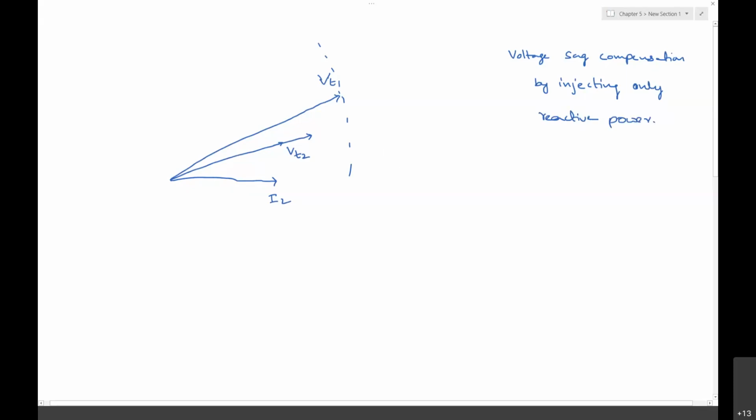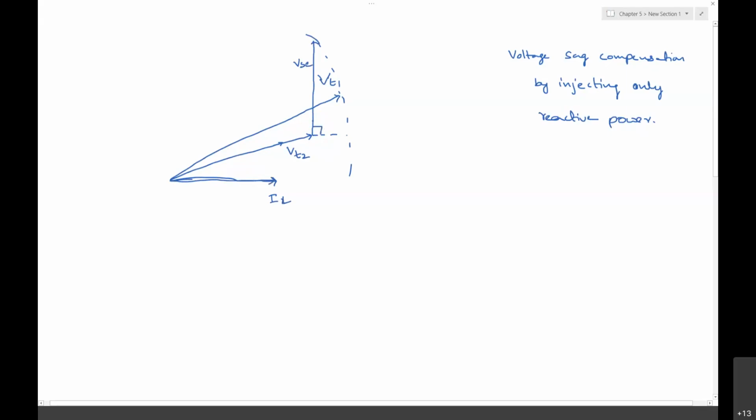How is it? They try to inject the voltage in quadrature with respect to the IL. That is maybe this way. By a series compensation, quadrature: we have fixed this particular IL this way, and we are injecting in quadrature this way.